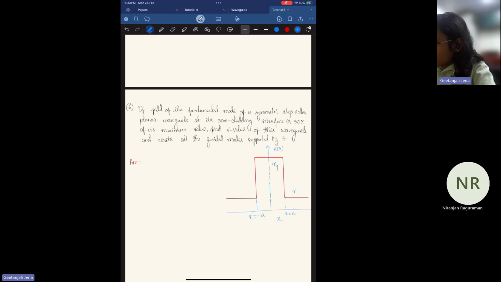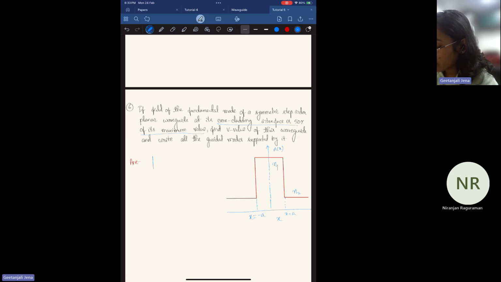Let us say the core is n1 and the cladding is n2. And it is given that at the core cladding interface, that is at x equal to a or x equal to minus a, the field value is 50% of its maximum value.